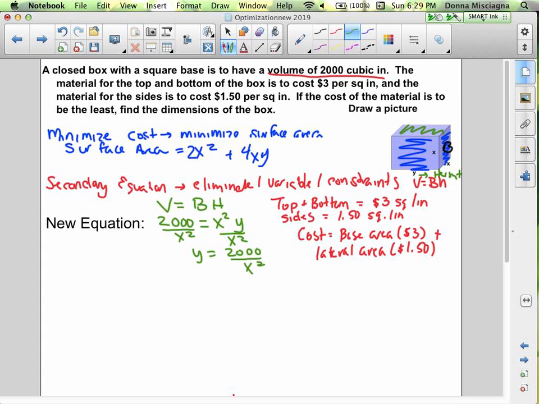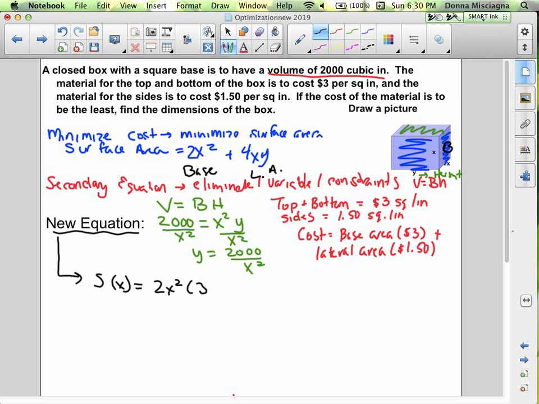If we replace the y with 2,000 over x squared and then multiply it by the cost, we will have our new equation, which I'm going to put right here. I'll put S of x for surface area equals 2x squared times 3, because this is the base and this is the lateral area.